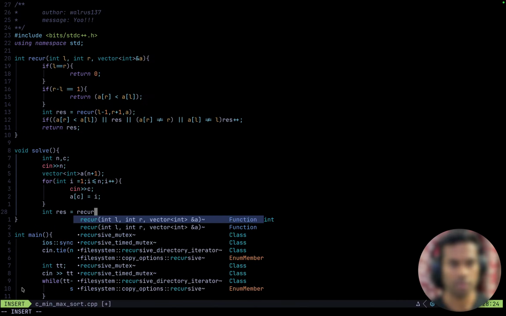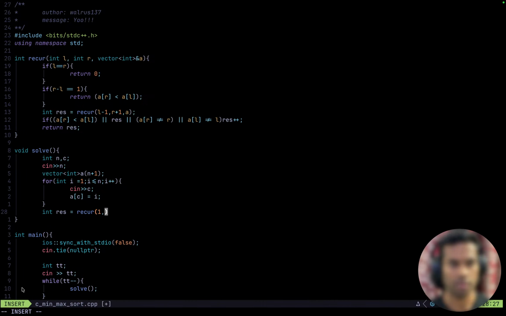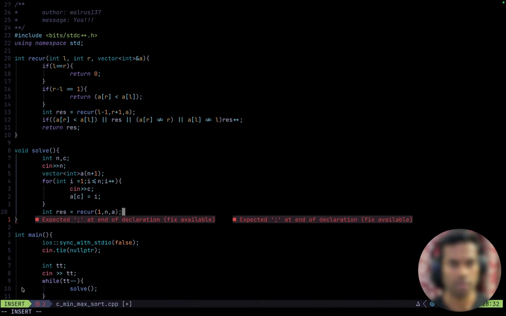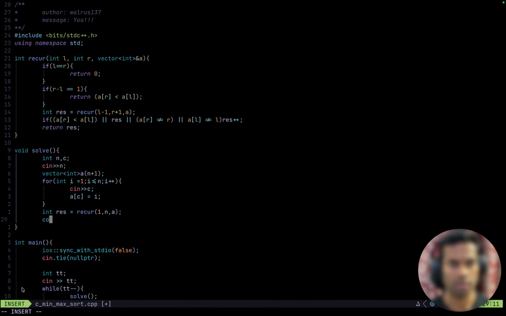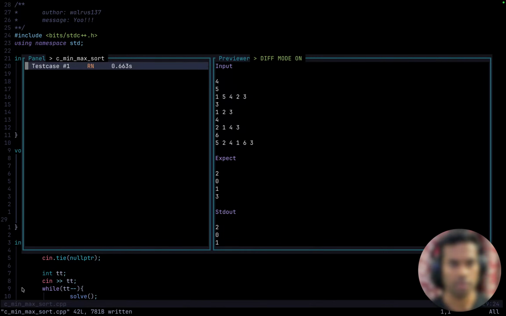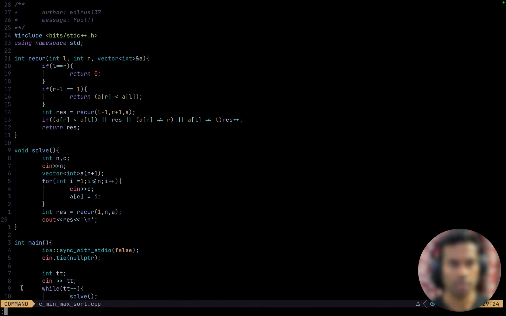Response is recur 1 comma n comma a. Segmentation fault is crazy.